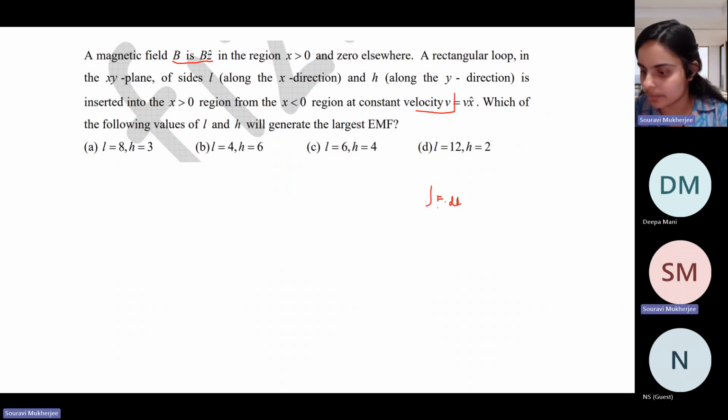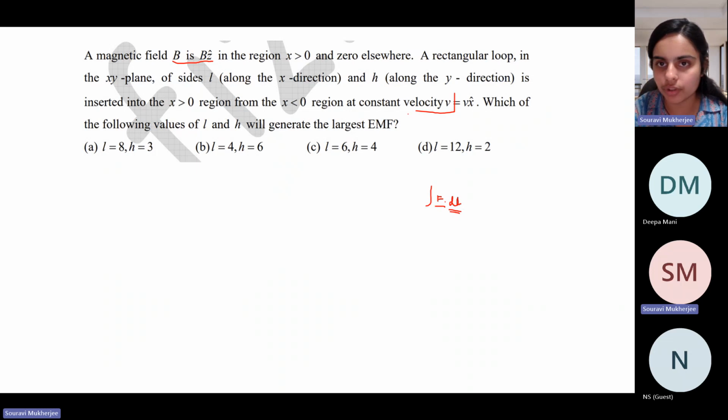When will this term be maximum? Here all the options talk about dimensions, right? So which dimension has to be more for this term to be more? The dimension along F. Whatever the dimension along F is, if that is maximum, then the EMF will be maximum, because it's a dot product. So you need to find the direction in which your force should be.